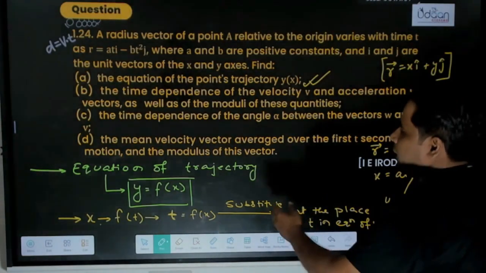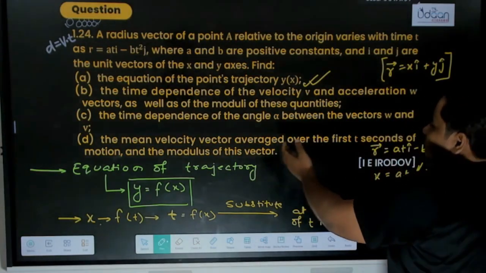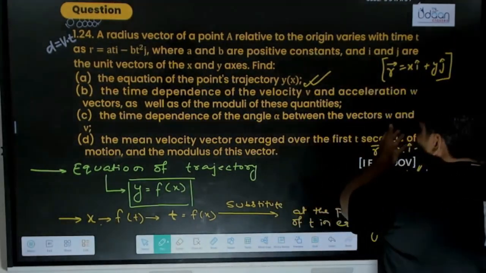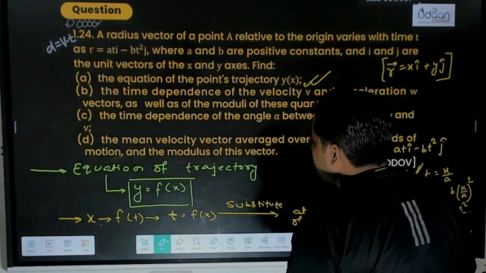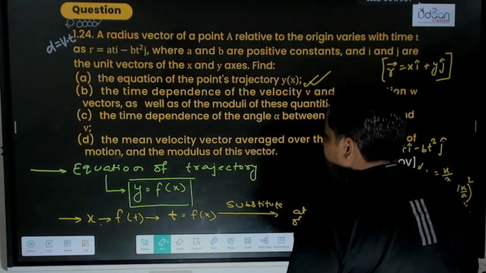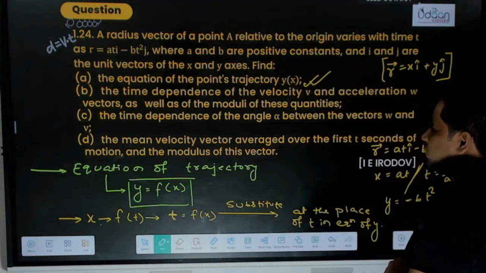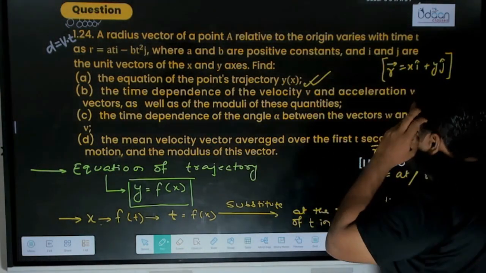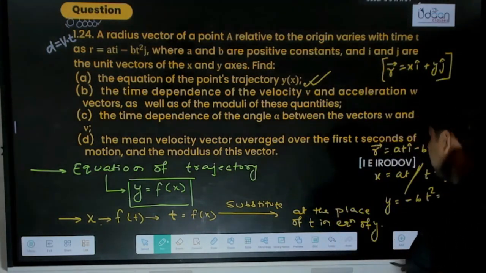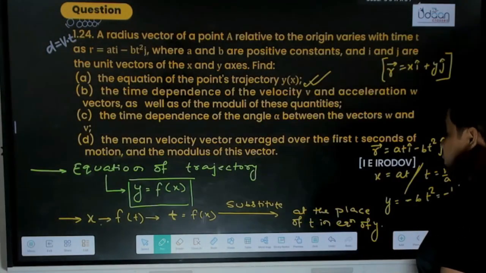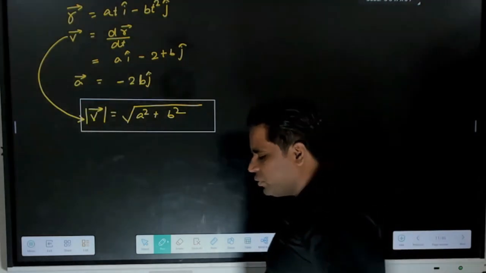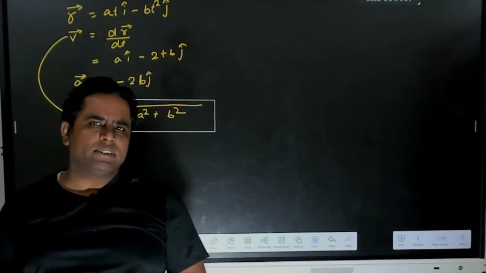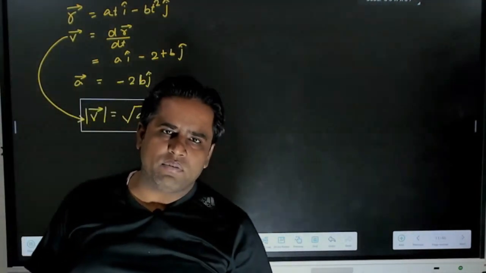See, the next question is about the time dependence of the angle alpha between the vectors omega and velocity. If they are asking you to find the dependence of alpha, what can we do?